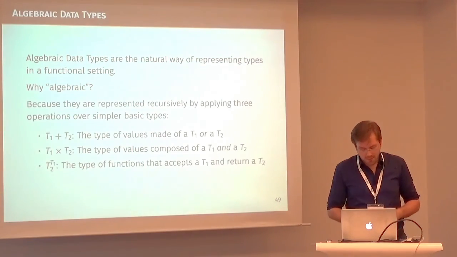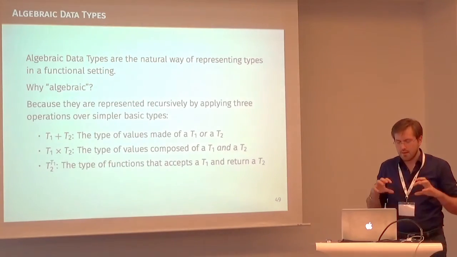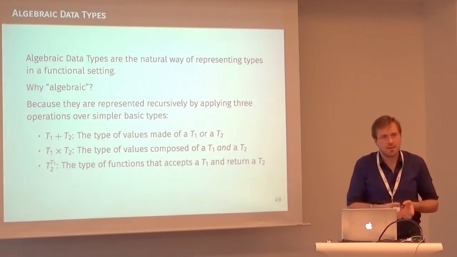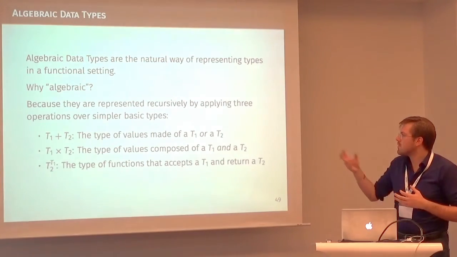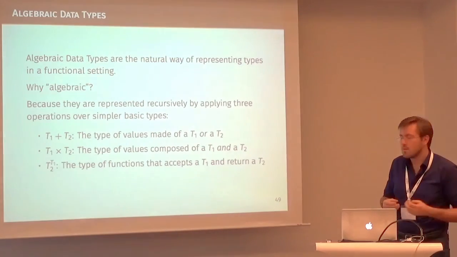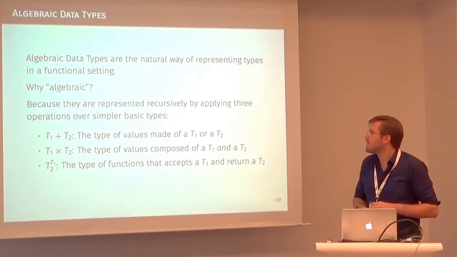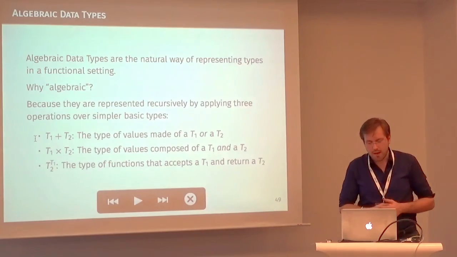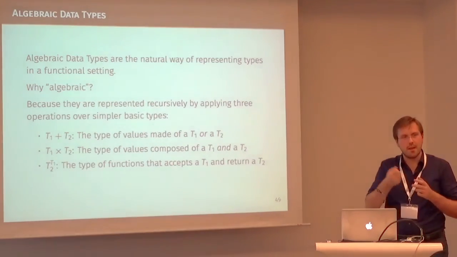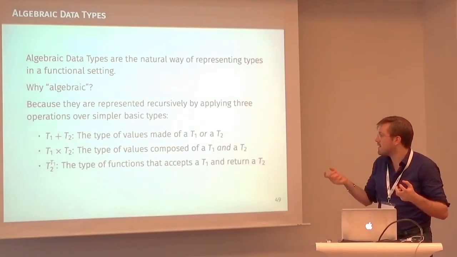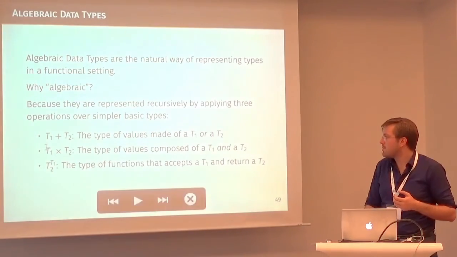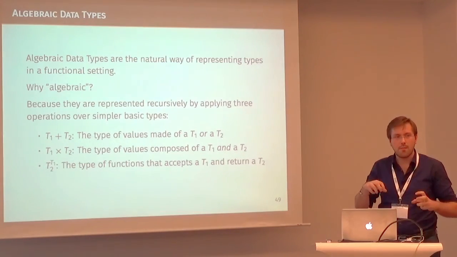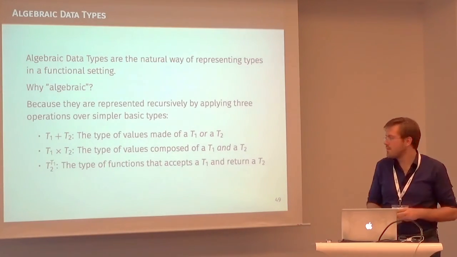They are called algebraic because an algebraic data type is built from simpler types using three operations, so we can remember the algebra. The sum of types is a type that is made of values of one type or the other. The product of two types is a value composed of both a value of one type and the other.